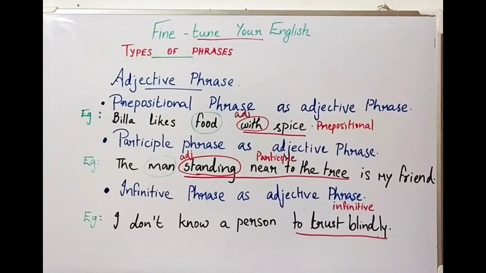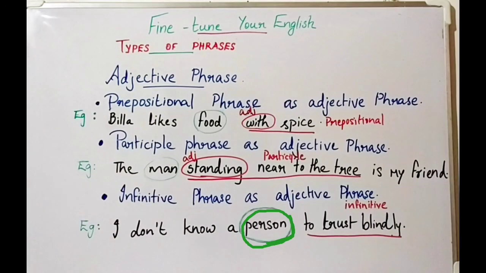And to trust blindly explains something more about a person. A person to trust blindly. So, we know a group of words, if it explains something more about a noun, it is said to be an adjective phrase. So here, to trust blindly is an infinitive phrase as well as an adjective phrase.